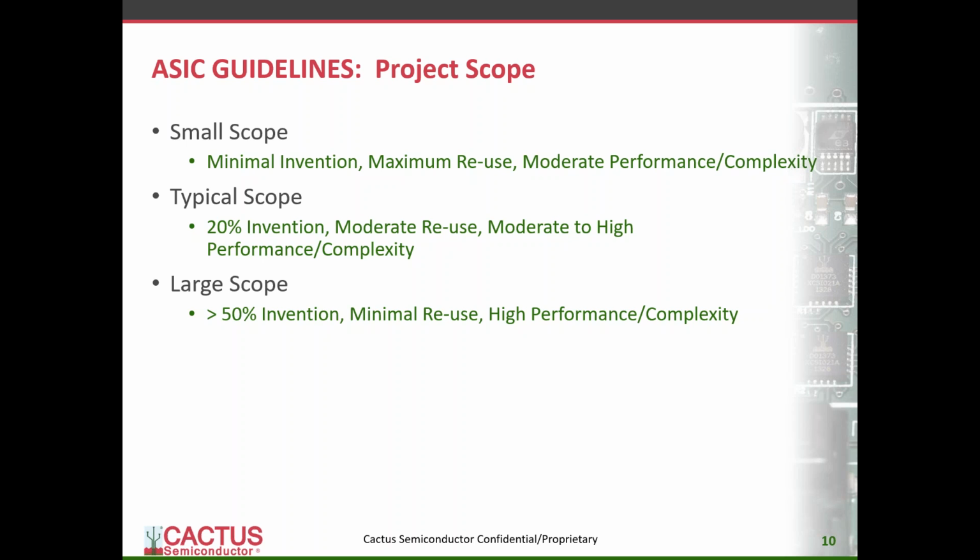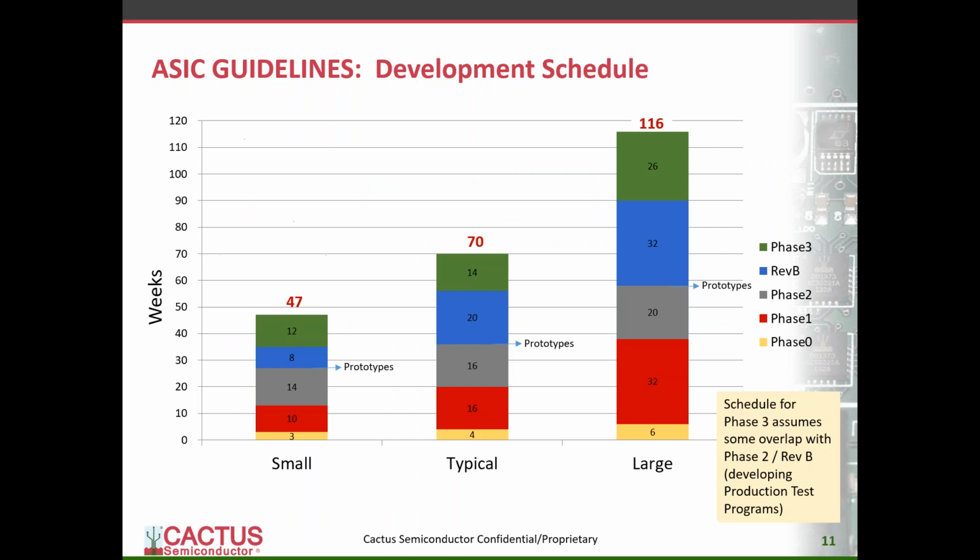So what do these scopes mean in terms of the project itself? Well, we have this little graph here, and on the y-axis you see weeks of development time, and on the x-axis you see the 3 bins we talked about in terms of scope: small, typical, and large. And you can see, just to summarize it, the development time of small, typical, and large ASICs in weeks.